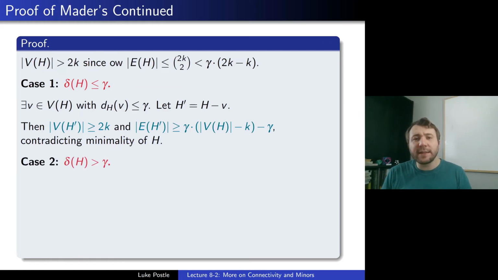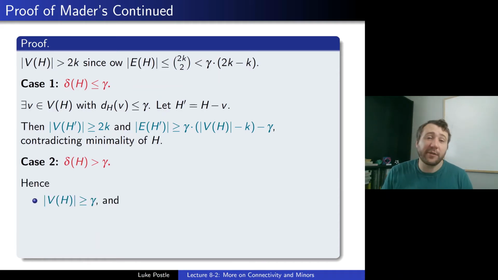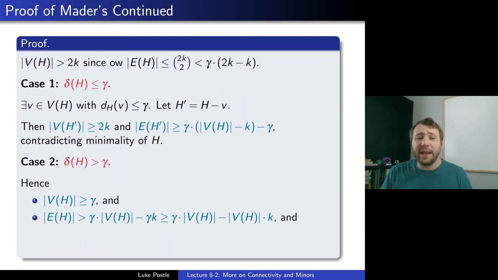The other case is that the minimum degree is strictly greater than gamma, and hence, if you think about the minimum degree, that means the number of vertices is also at least gamma. And that tells us something about E of H because we know it's strictly greater than gamma times V of H minus gamma k, if you expand it out. But now take that second term, gamma k.